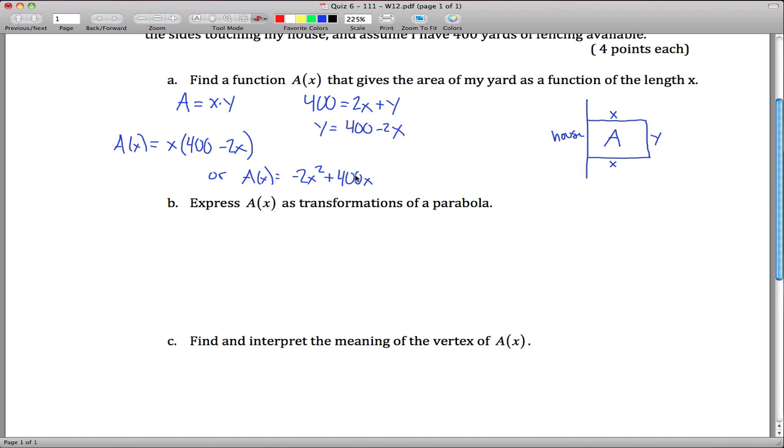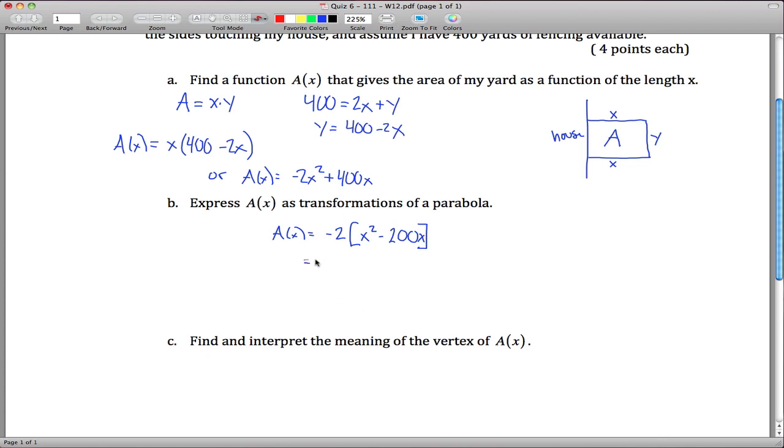Okay, express this as transformations of a parabola. So this is kind of what we were doing in this section. You have to complete the square on this mess right here. The way you do that is you say that area is, we'll factor out this negative 2 and be left with x squared minus, let's see, half of that is 200x.